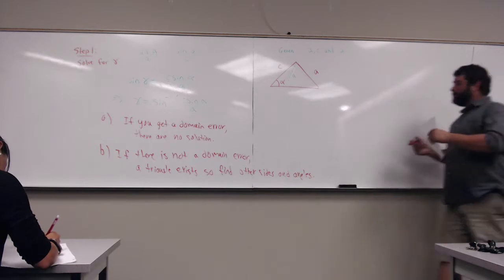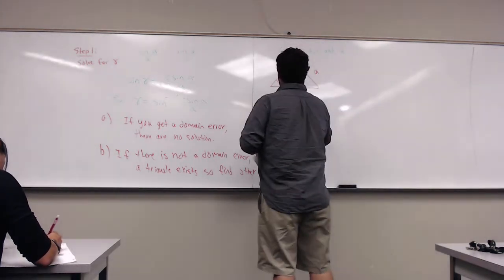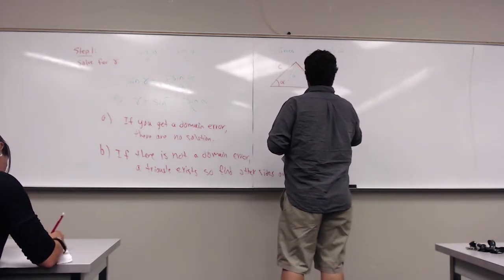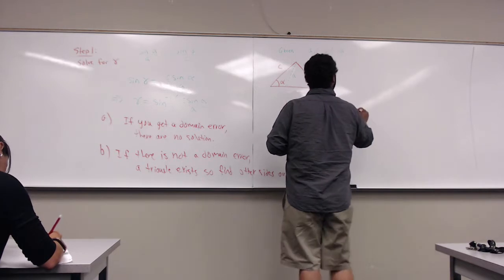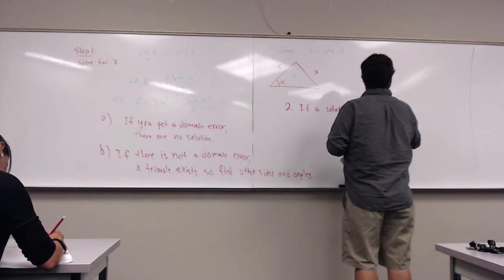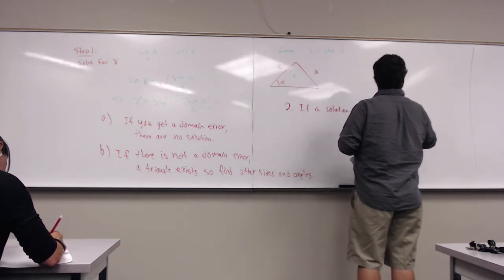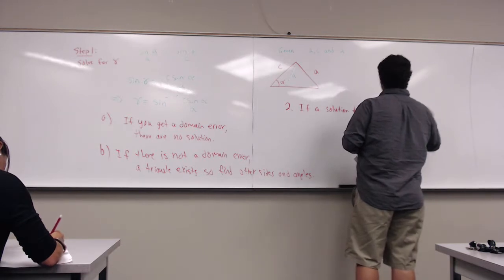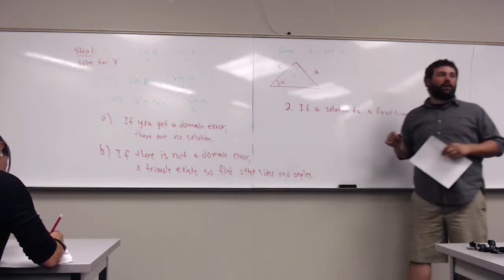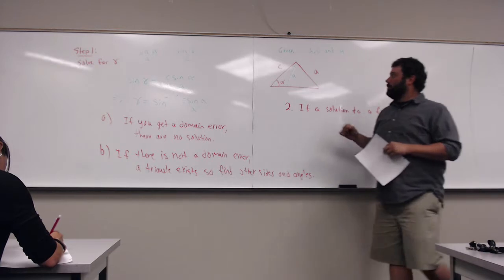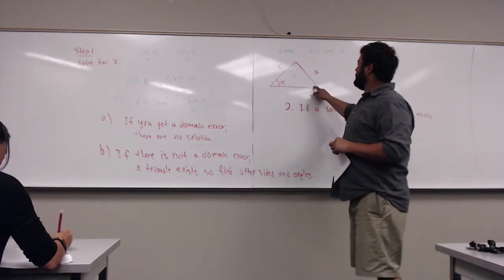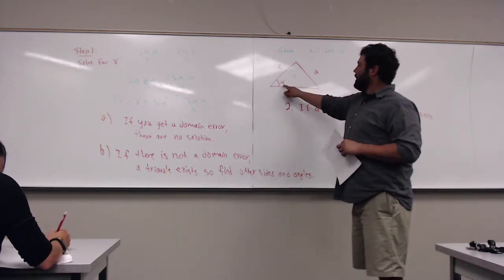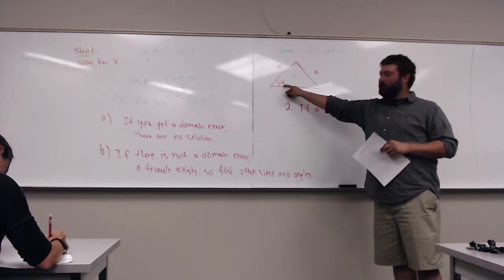So if the solution to the first triangle exists, maybe it's this big triangle I've drawn in the picture, then maybe instead of this being your gamma, you can have a second gamma for a second triangle.